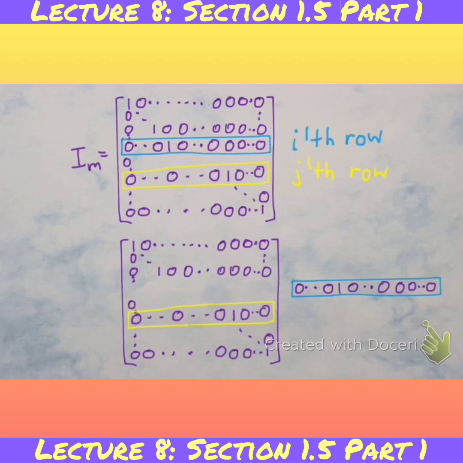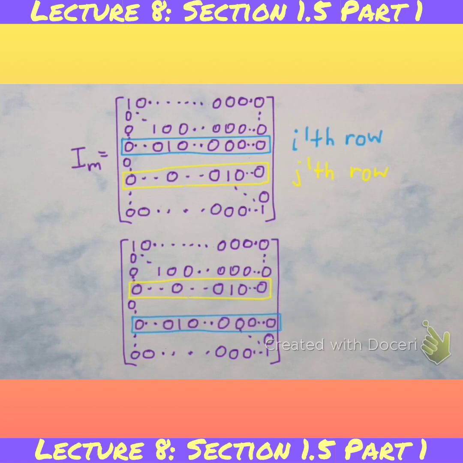So I'm going to move the jth row into the position where the ith row used to be. Okay, like that, and then I'm going to move the ith row into the position of the jth row. So there I've interchanged the two rows.